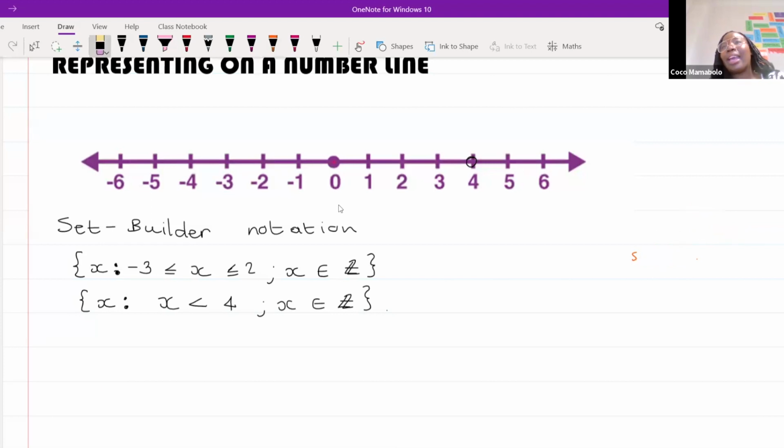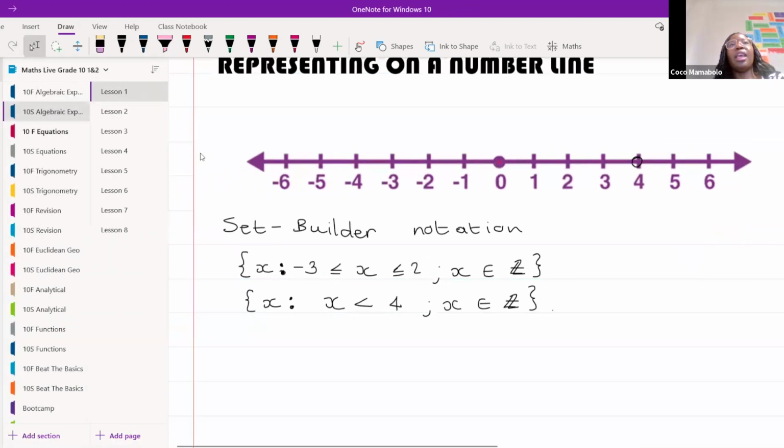So let's go back and have a look at this example that ma'am's put here on the screen. If we look at this example over here, it says here that x needs to be what then 4? Less than or bigger than? Where does my crocodile mouth open towards? Okay, look at this example over here.